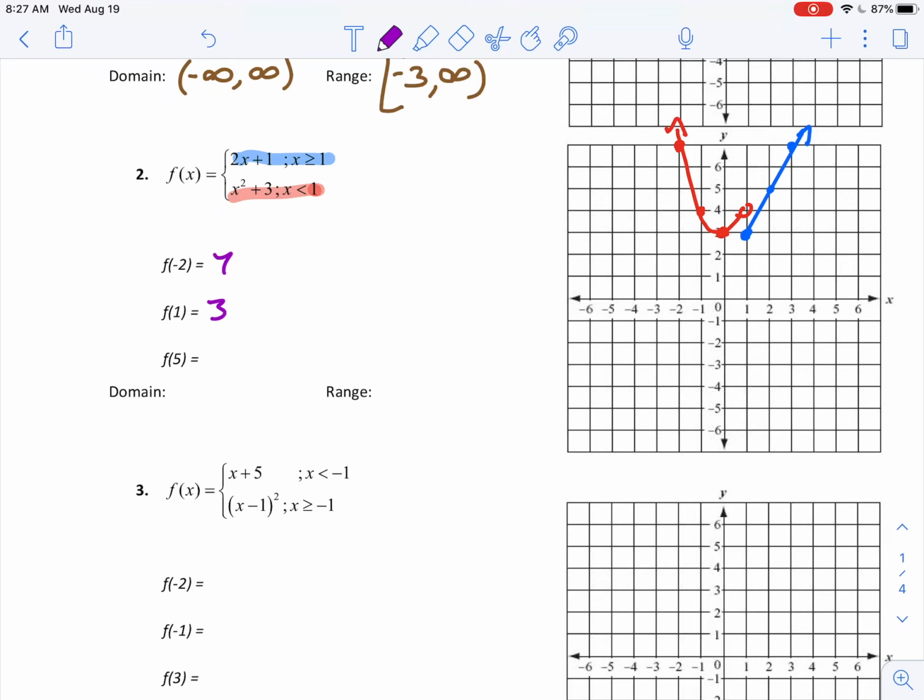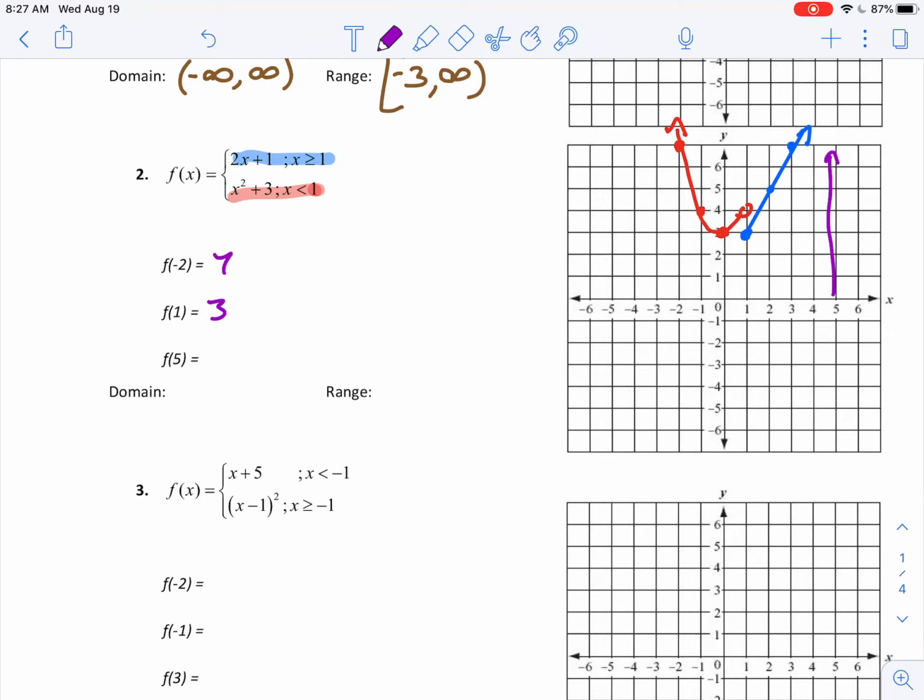Okay, f of 5. Let's see, go over to x equals 5. Uh-oh. So my graph is off of the coordinate plane here. I can't actually see what the y coordinate is. So what I'm going to do is I'm going to take 5 and plug it into one of the two pieces. Now you can do this a couple different ways. If you're looking at the graph, you can easily see that the y coordinate would be on the blue portion of the graph.